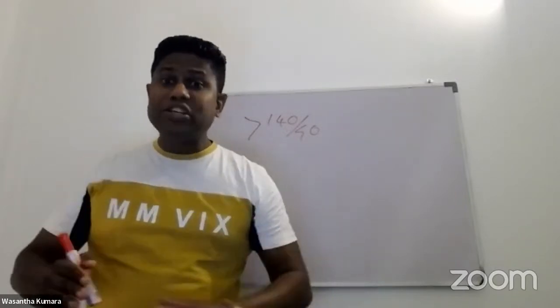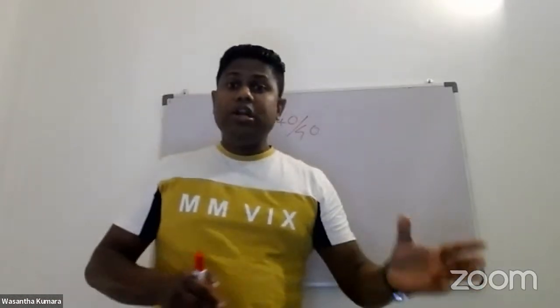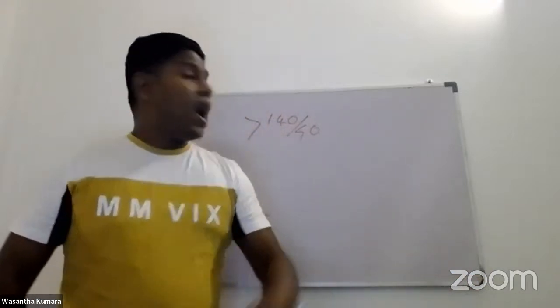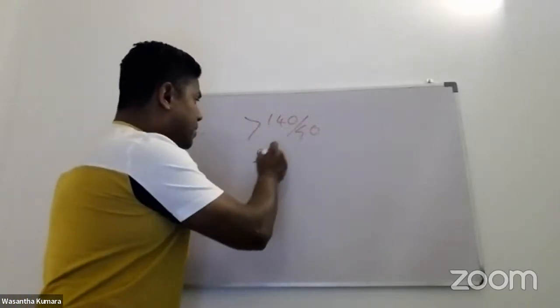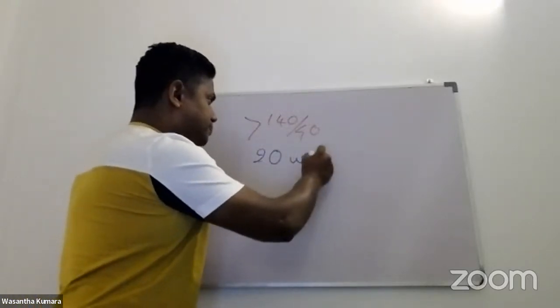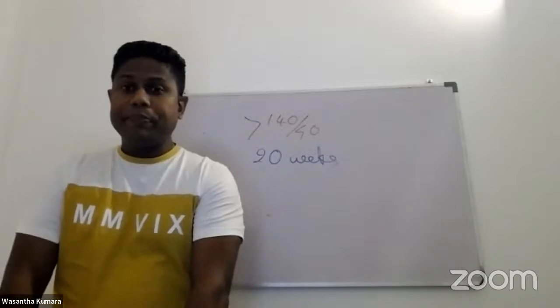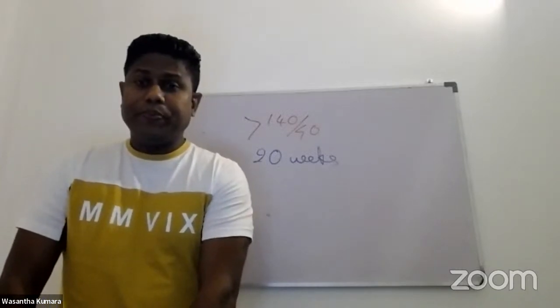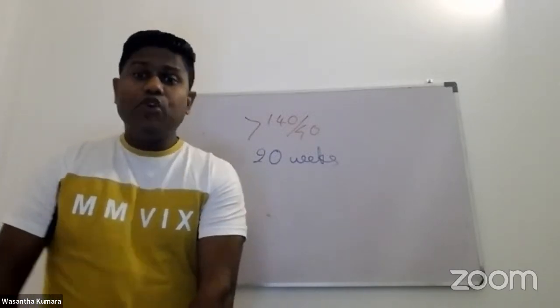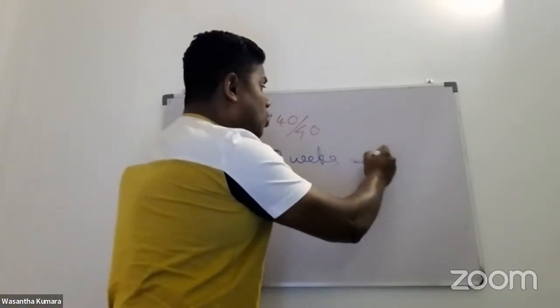And the blood pressure was normal before, now developing high blood pressure after 20 weeks. This 20 weeks cutoff is very important. And this blood pressure should settle within 6 weeks postpartum.